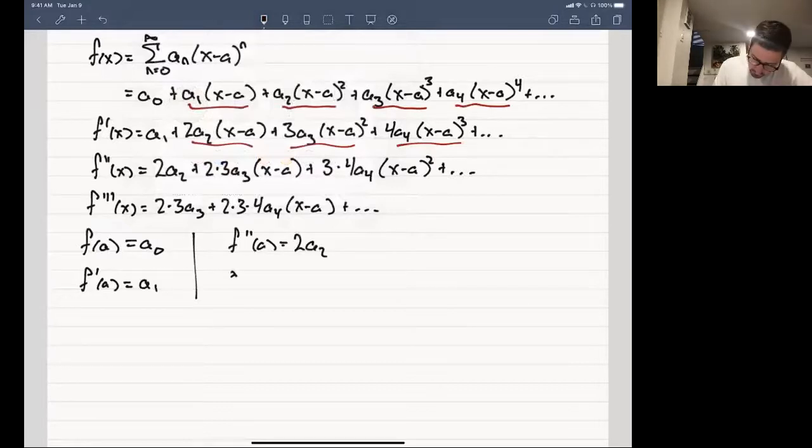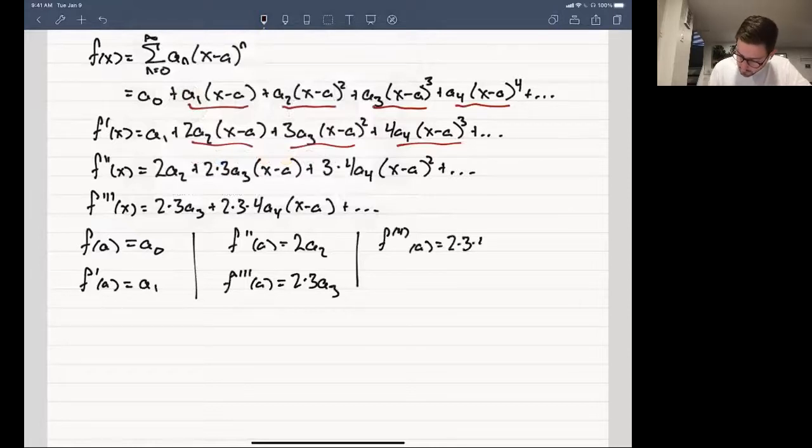And f triple prime of a is equal to 2 times 3 times a3. And so now what you could do is you could pause the video and try and figure out what the pattern is, right? So if I ask you what the fourth derivative at a is going to be, well, based on the pattern, it's going to be 2 times 3 times 4, a4. And the fifth derivative at a is going to be 2 times 3 times 4 times 5 times a5.